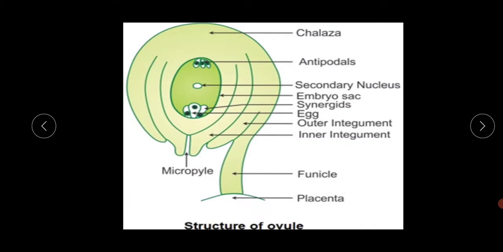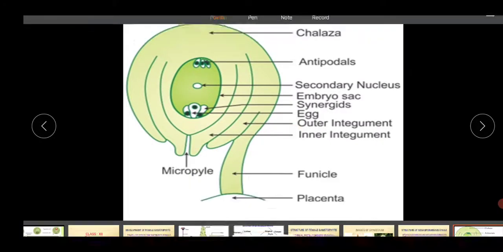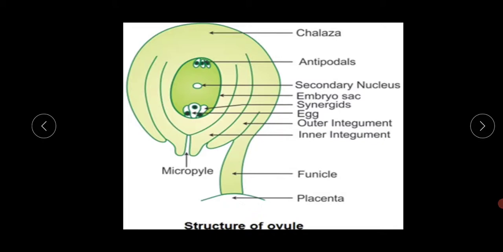Next, this is the structure of the ovule. At the tip, this small opening is called the micropyle. The whole ovule is attached to the placenta region by this stalk-like structure, called the funicle, and this is the basal part, called the chalaza.